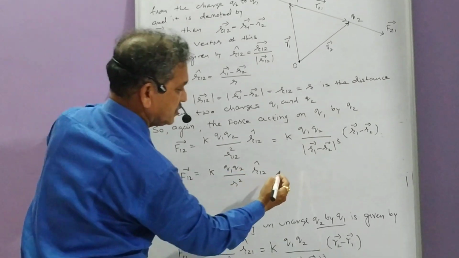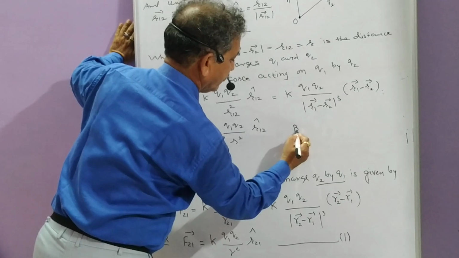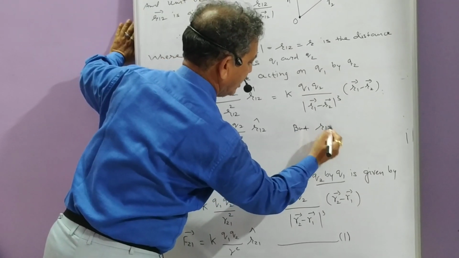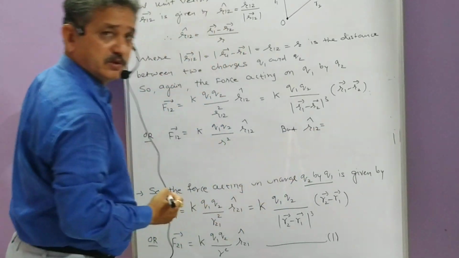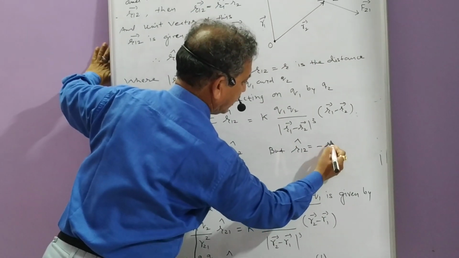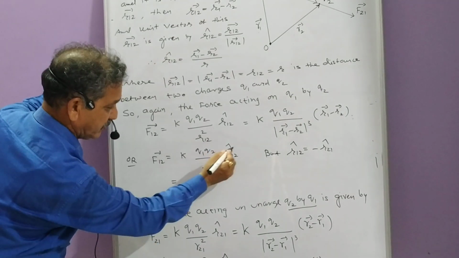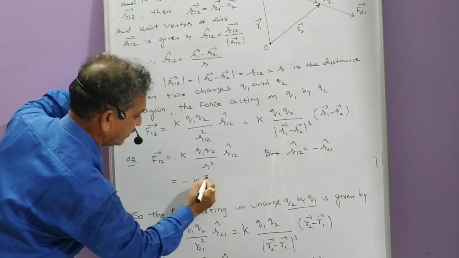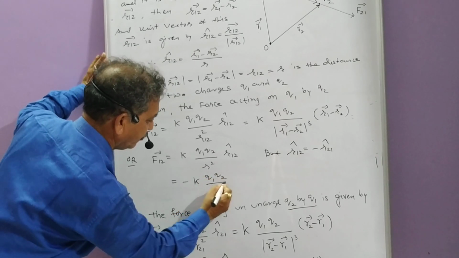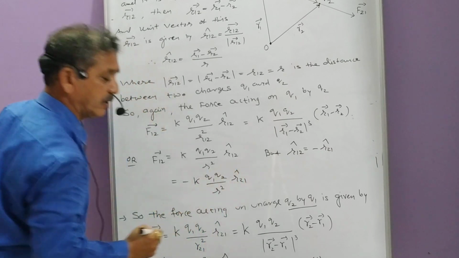So because of which we can also write this unit vector r12 is equal to the opposite of the unit vector r21. So replacing it, we can write this is minus k q1 q2 upon r square into unit vector r21.